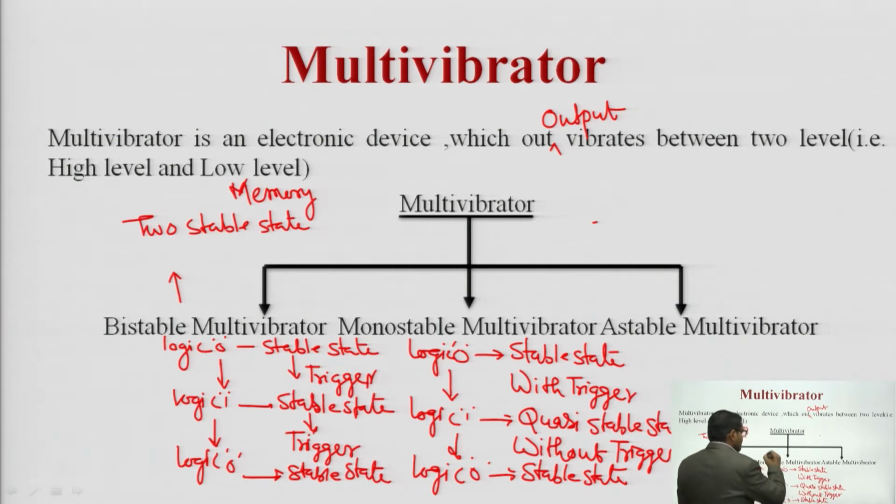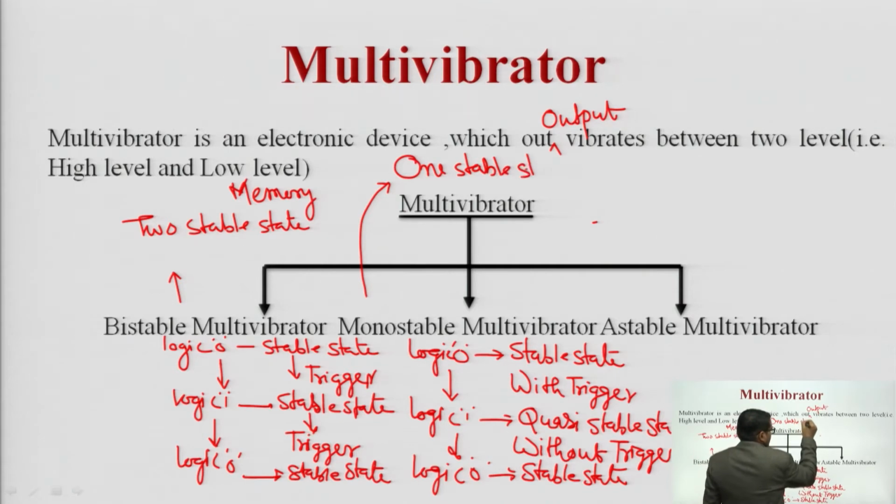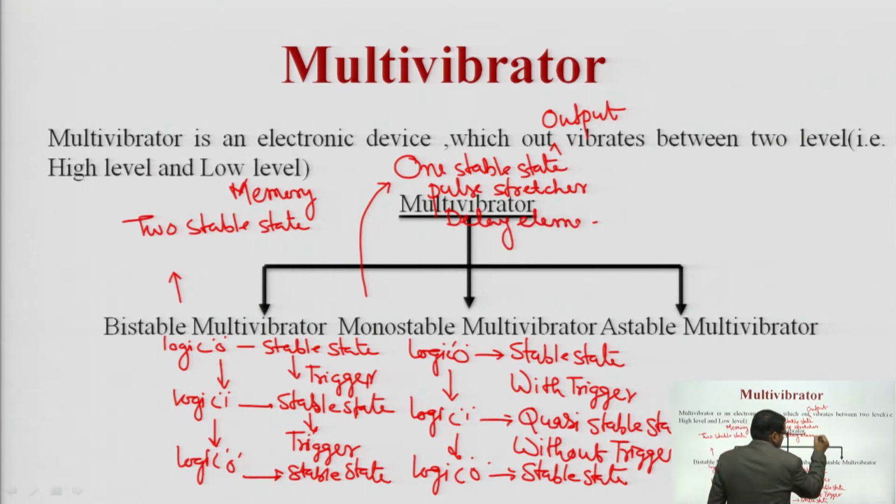Mono means single, so a monostable multivibrator has one stable state. A monostable multivibrator can be used as a pulse stretcher circuit or as a delay element.